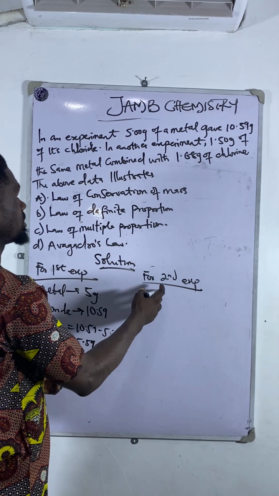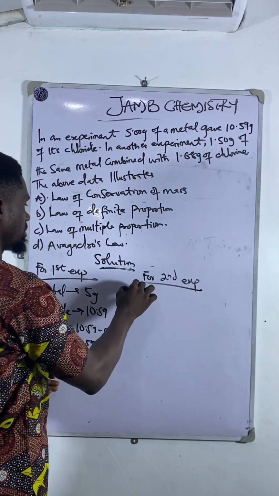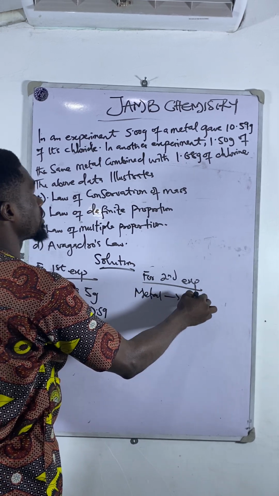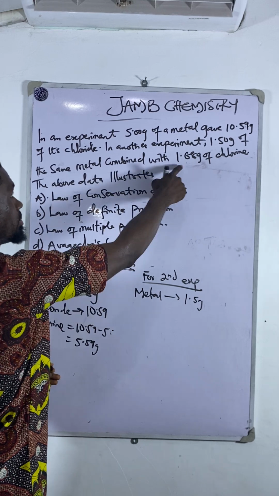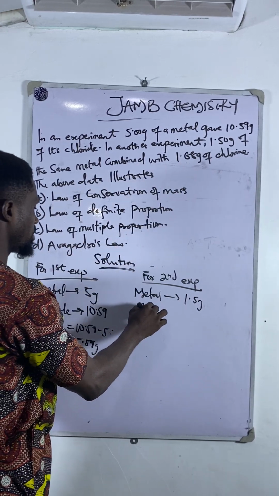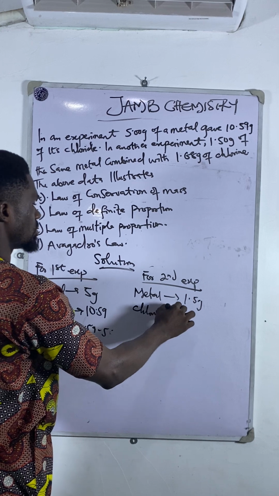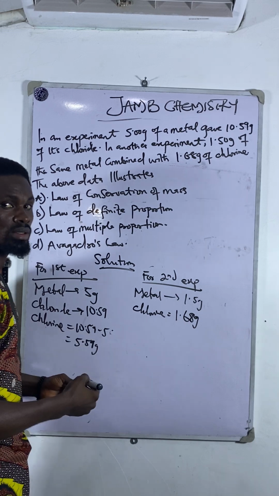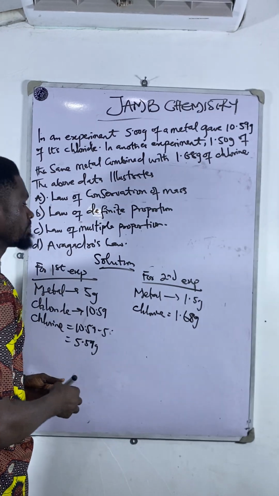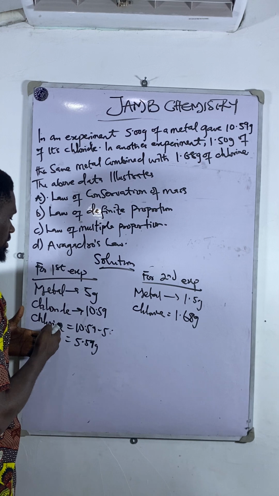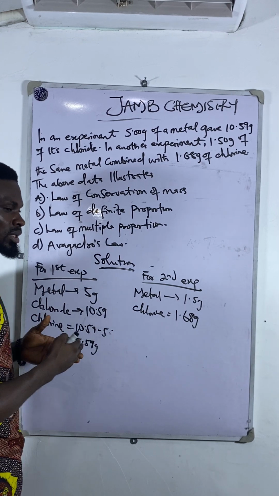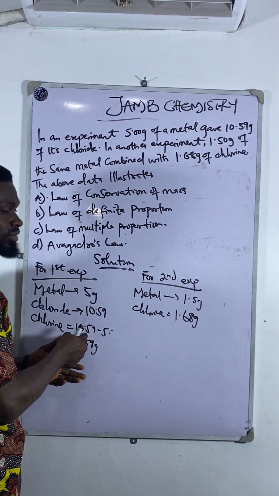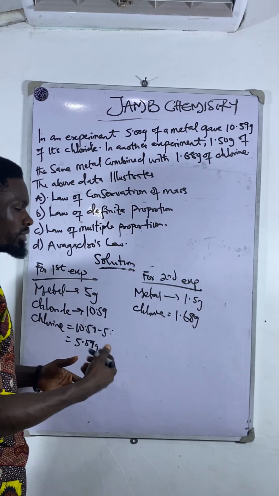For the second experiment, the mass of the metal was 1.5 grams, combined with an amount of chlorine that is given to us directly, which is 1.68 grams, unlike the first one, where they gave us the chlorine in its chloride form. So you need to subtract the mass of the metal from the chloride to get the actual mass of chlorine.